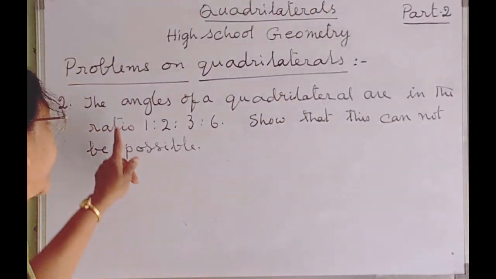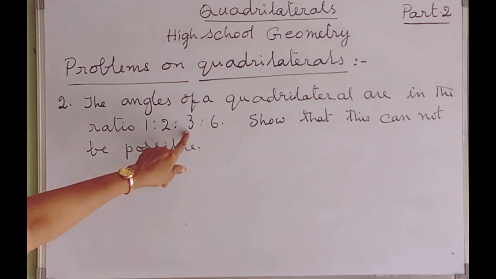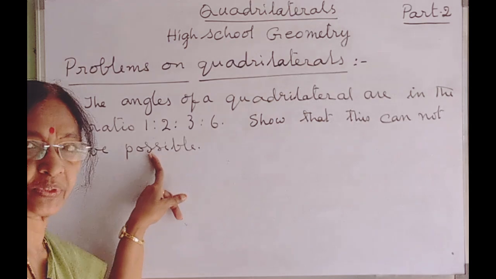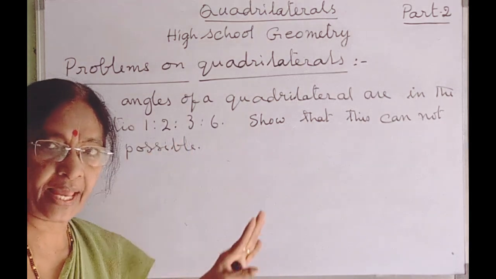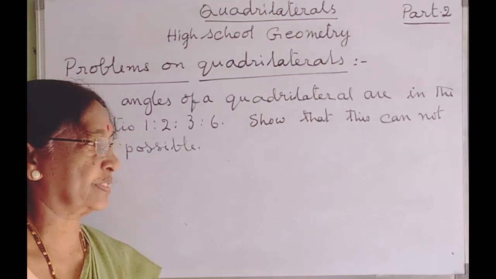Next, second problem. The angles of a quadrilateral are in the ratio 1:2:3:6. Show that this cannot be possible. So, we have to show that the angles cannot be in the ratio 1:2:3:6.